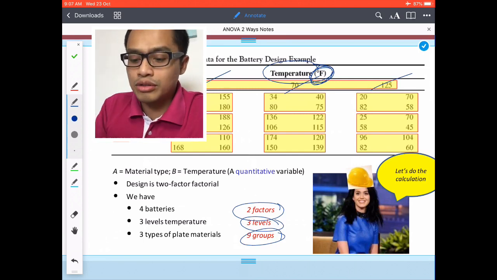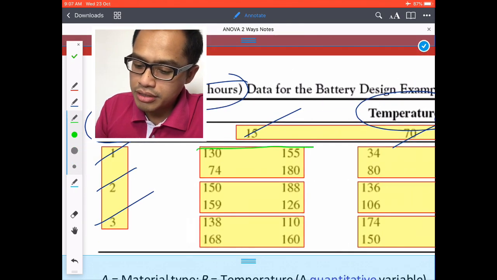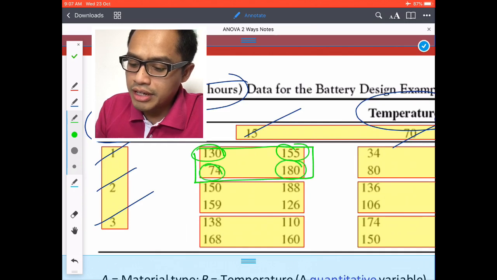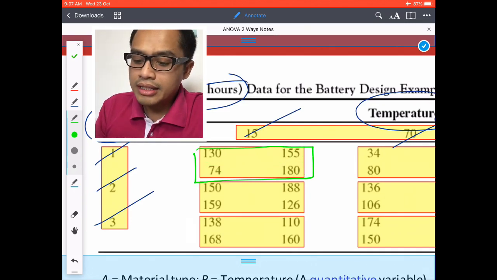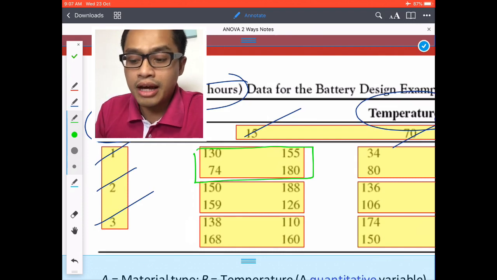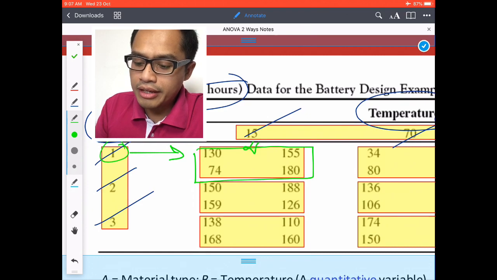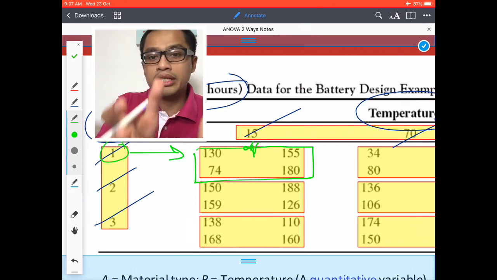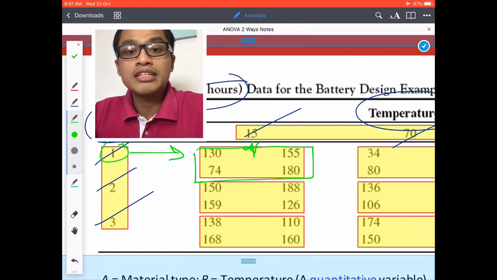For each of these groups, I'm going to use a green ink here. You can see this box, right? We have 130, 155, 70, and 180 in hours. These are the results of battery life when you combine type 1 and 15 degrees Fahrenheit, or negative 9 degrees Celsius.